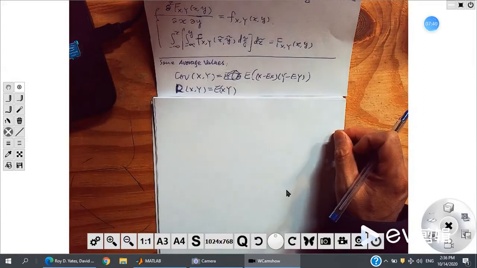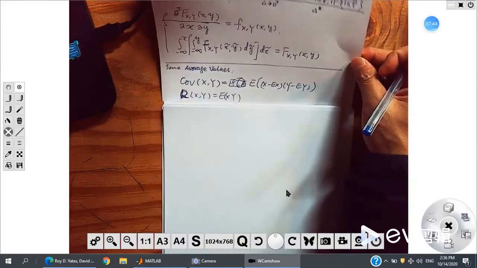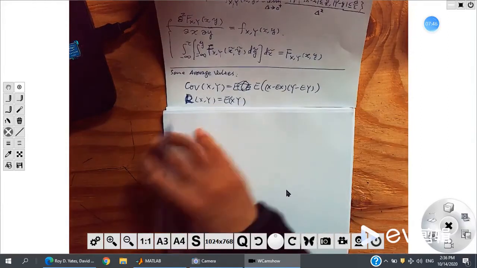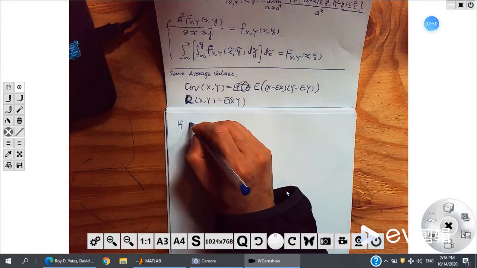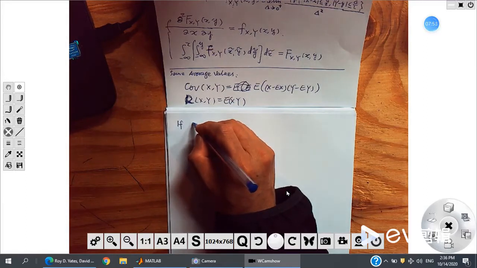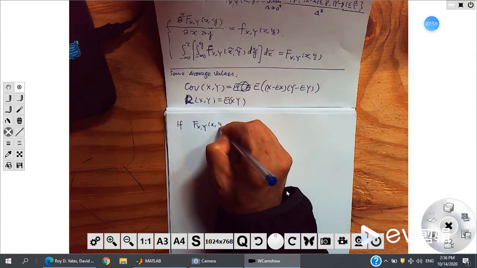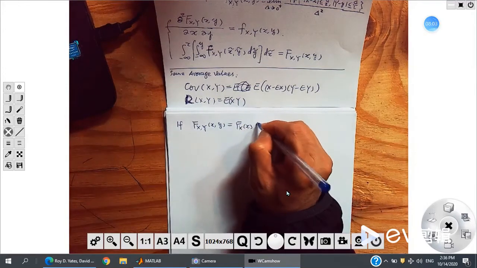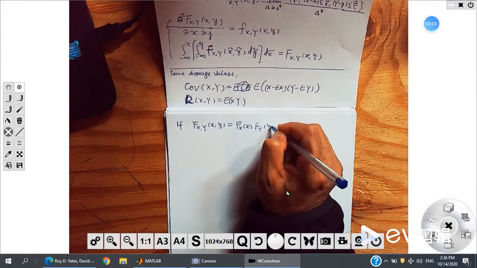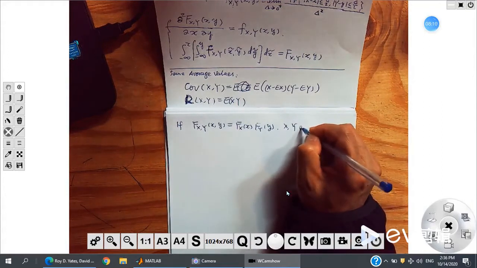Alright. Then related with these, we have some concepts. One concept is independence. In the CDF, if F_XY(x,y) equals F_X(x) times F_Y(y), then X, Y are independent.